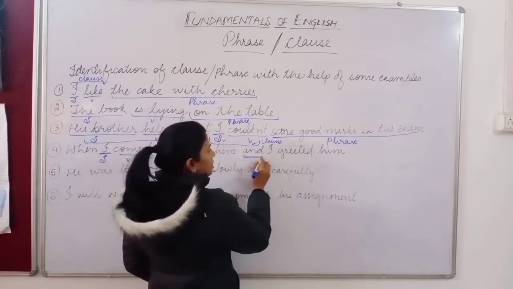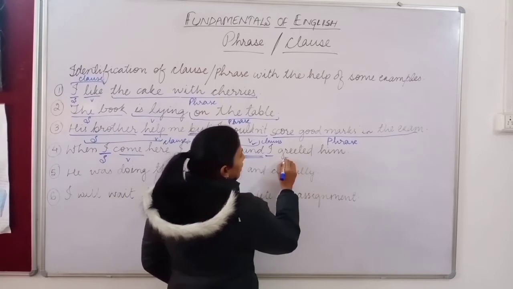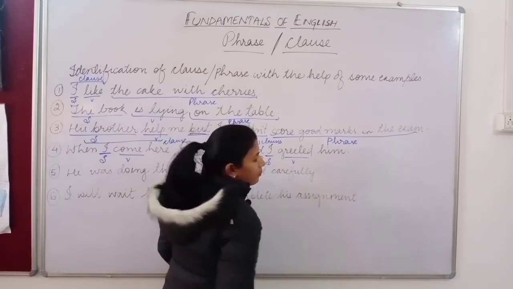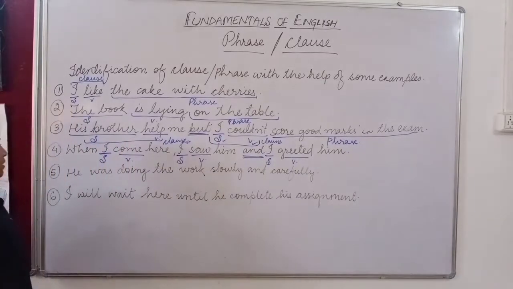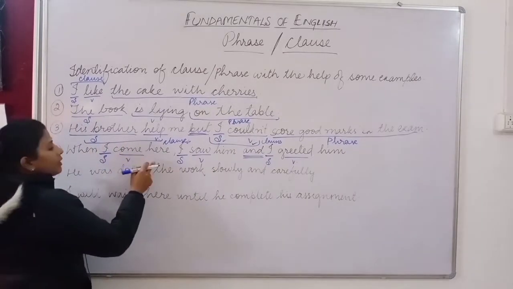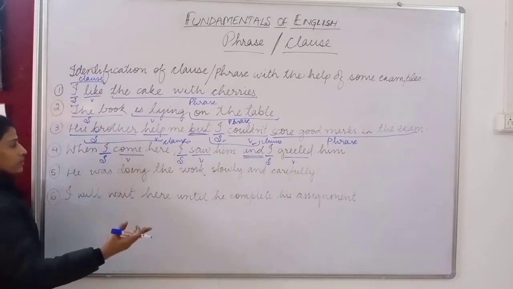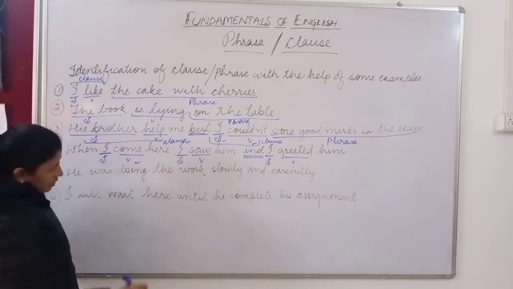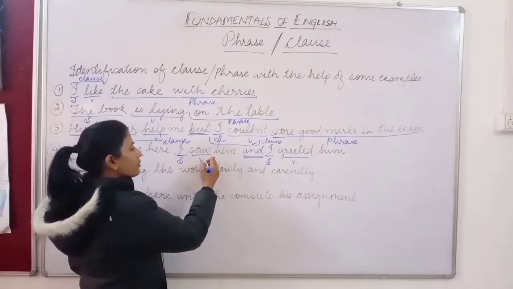And is your conjunction. In "I greeted him" there is again a subject and verb. So "when I came here" is also a clause.